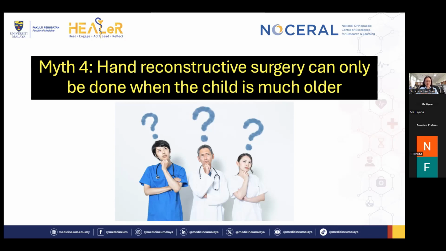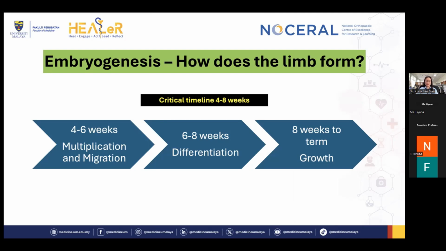So before we move on, to understand congenital hand, we need to know how the limb forms. The critical time is between 4 to 8 weeks, where the limb bud starts to form, multiply, migrate, and differentiate. From 8 weeks to term is where it just grows.